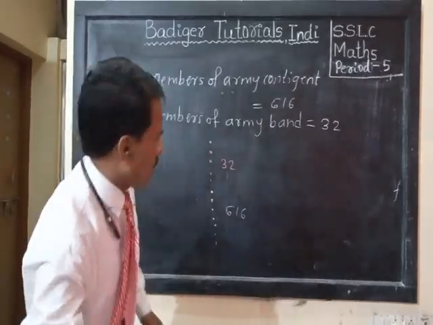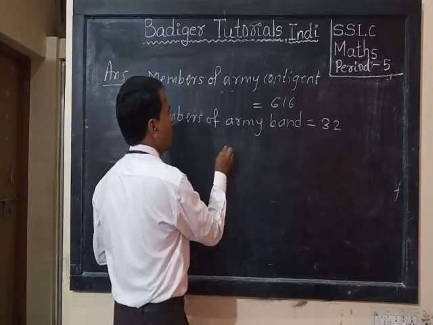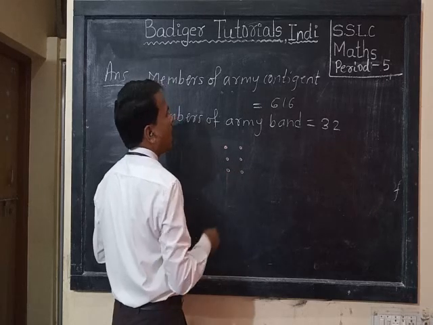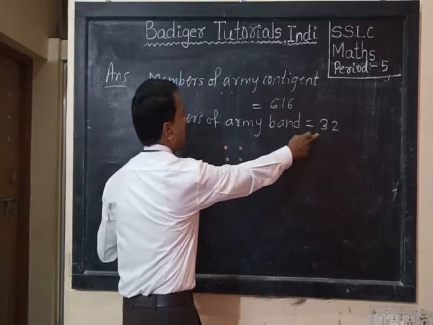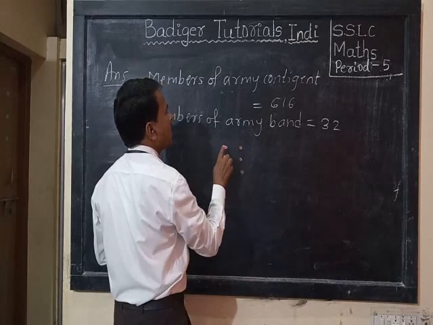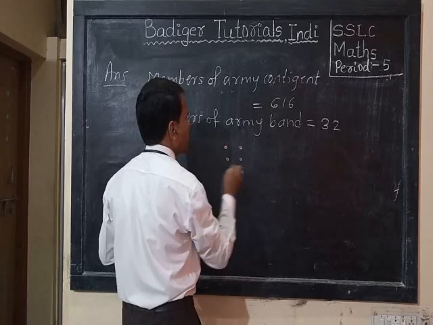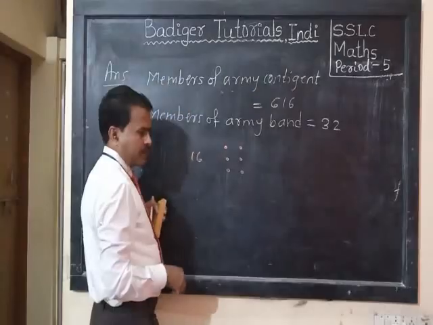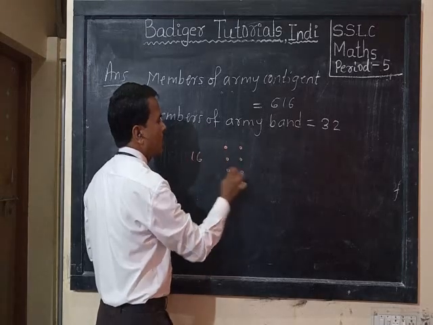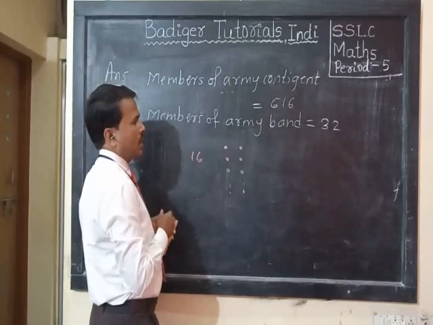If there are two columns, 1, 2, 1, 2, 1, 2, like this, 32 members are there, means columns are 2, rows will be 16 rows, 1, 2, 3 and so on, 16 rows.